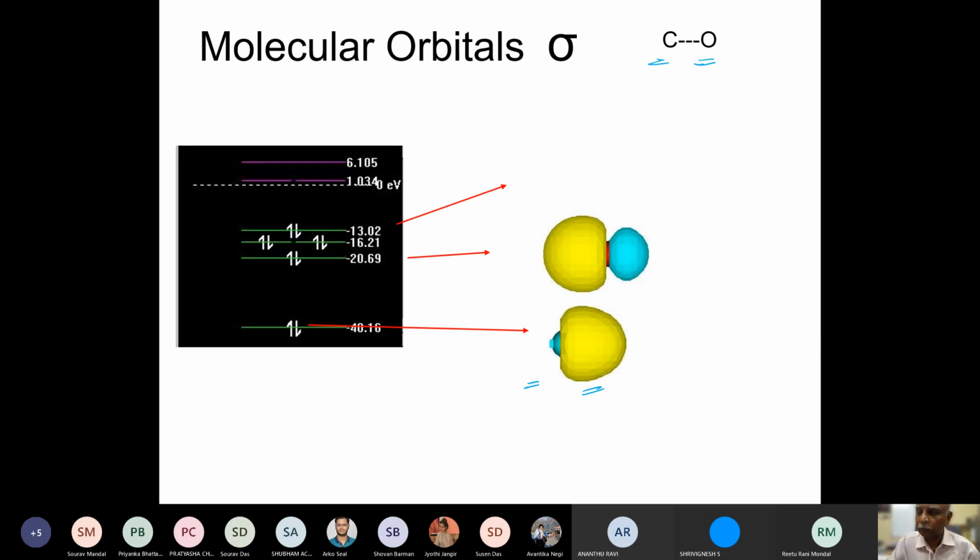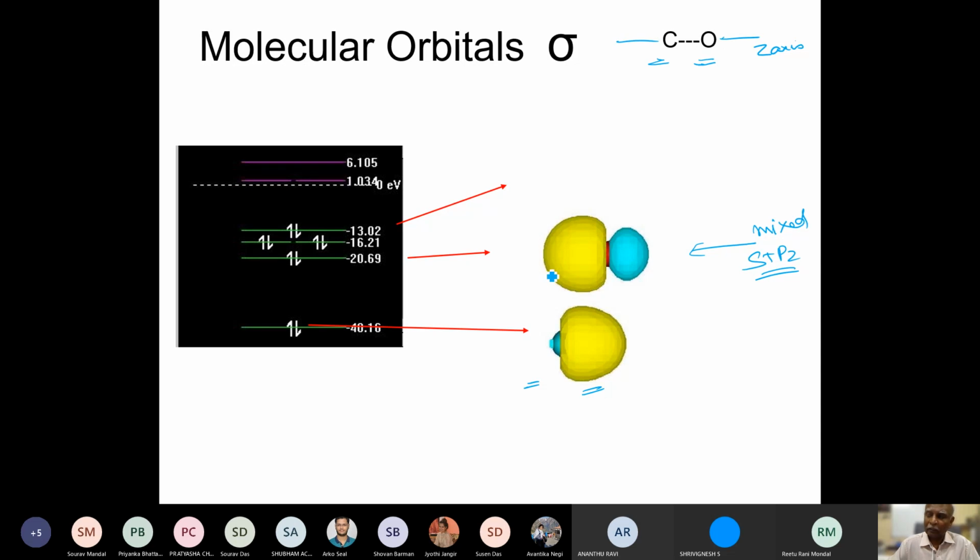Similarly, the 2 sigma is the one which is mixing with the pz. If this is the z-axis, then this is mixed with pz, as a combination of S and pz, and this gives you the antibonding orbital, which has got this type of geometry, this type of contributions from the 2 atoms.